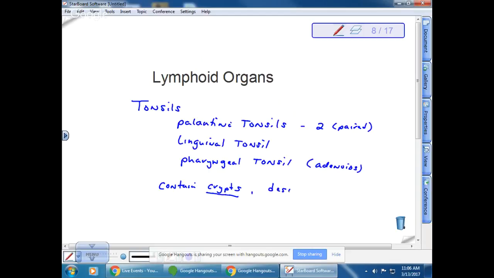They're designed to capture microorganisms. So hopefully your body will detect an invasion of a bacteria or a virus before it gets to your lower respiratory tract, your lungs. So this is kind of like the gateway. These are the gatekeepers, right?